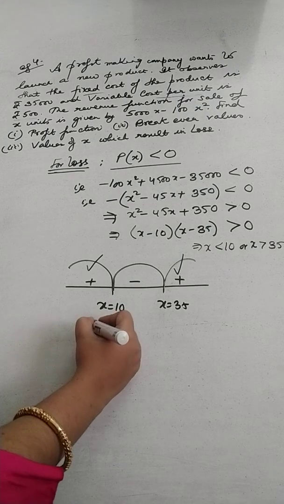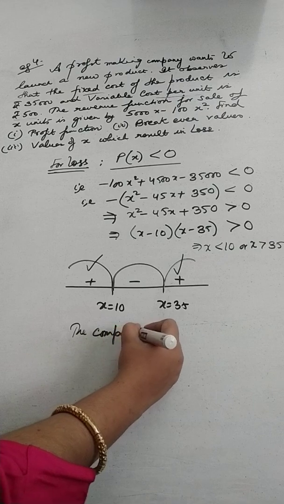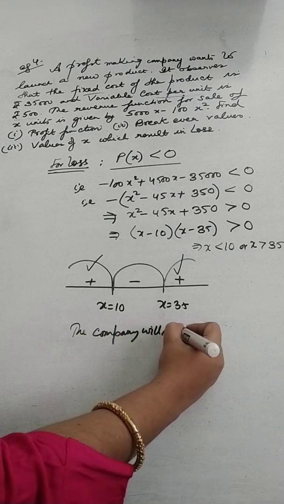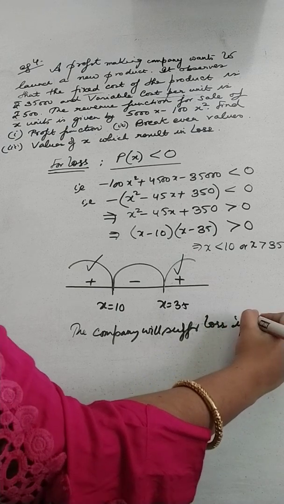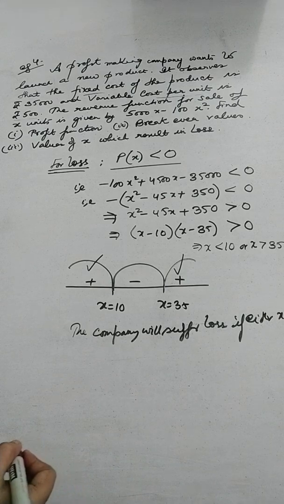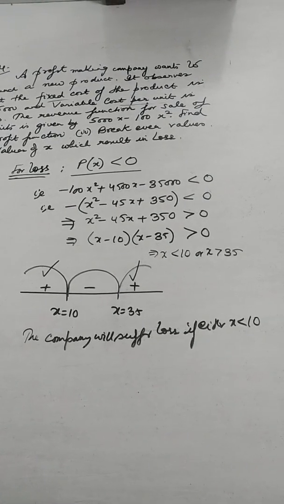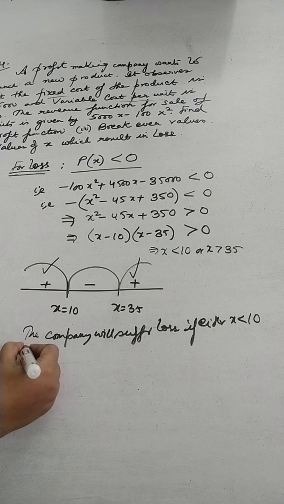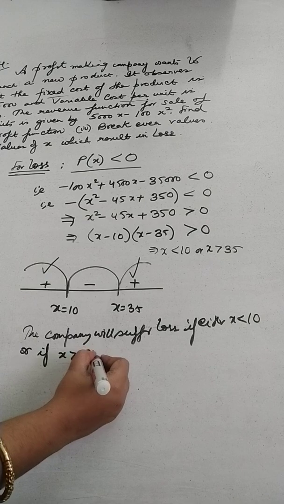So you will write the conclusion as, the company will suffer loss if either x is less than 10 or if x is greater than 35.